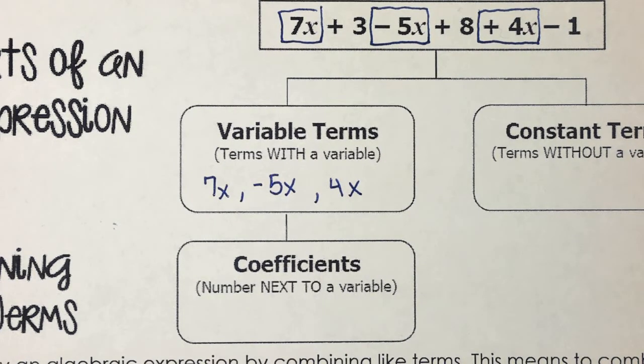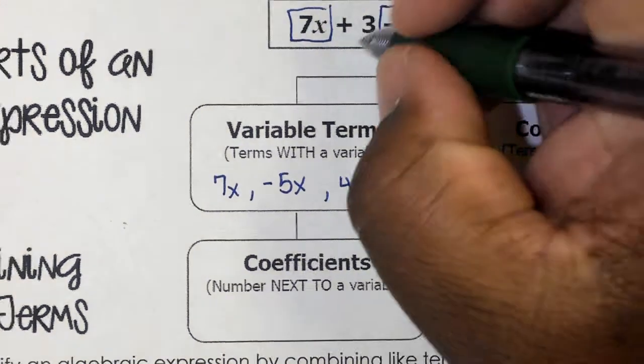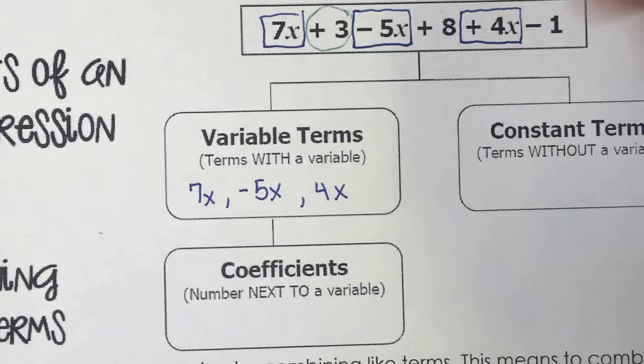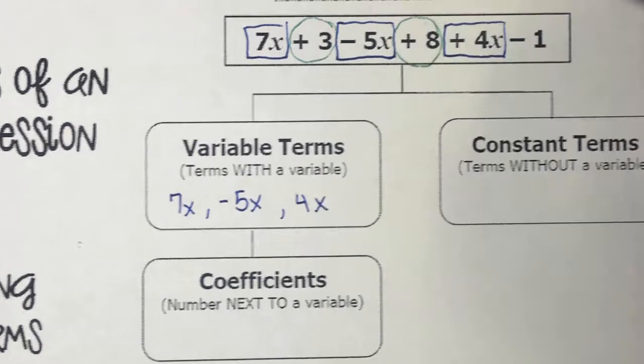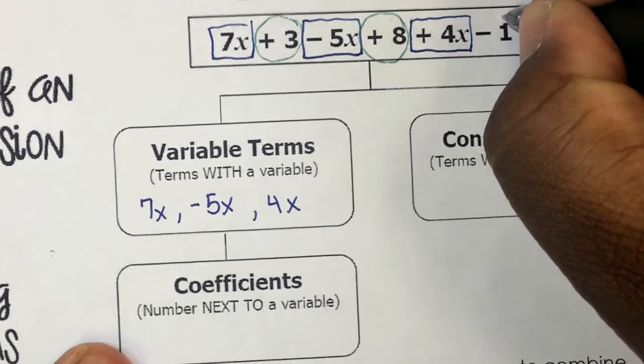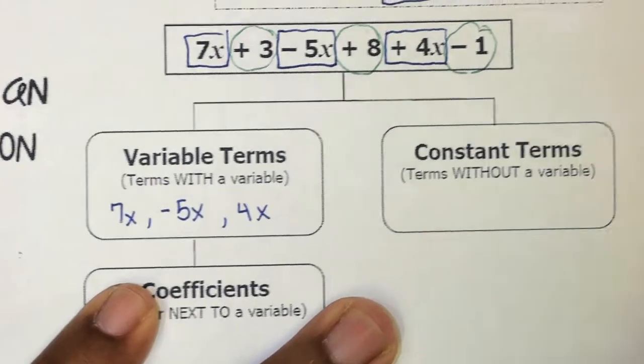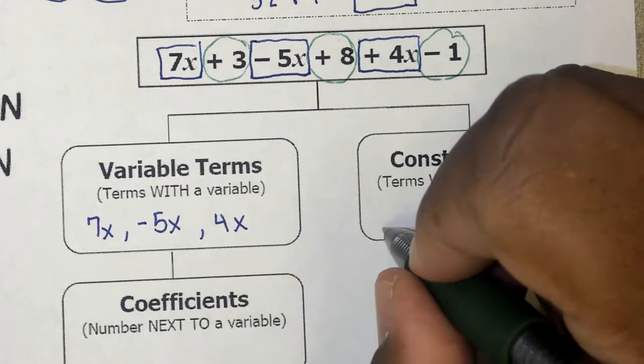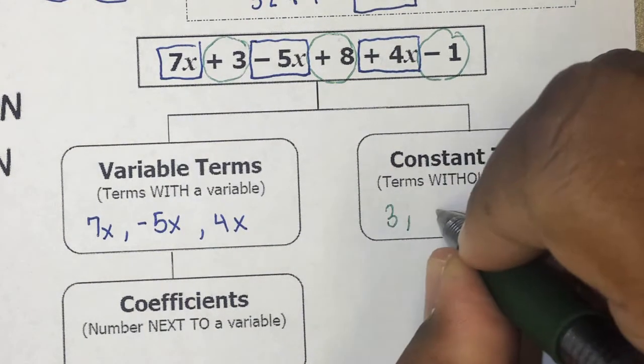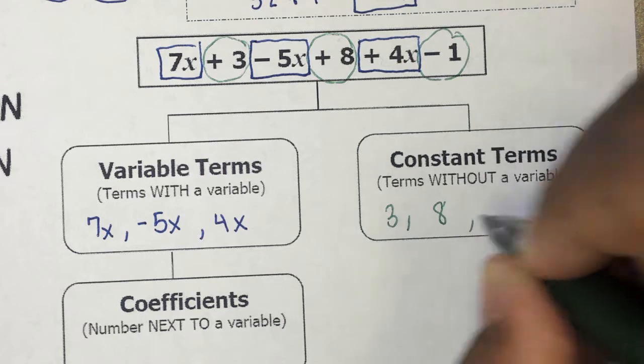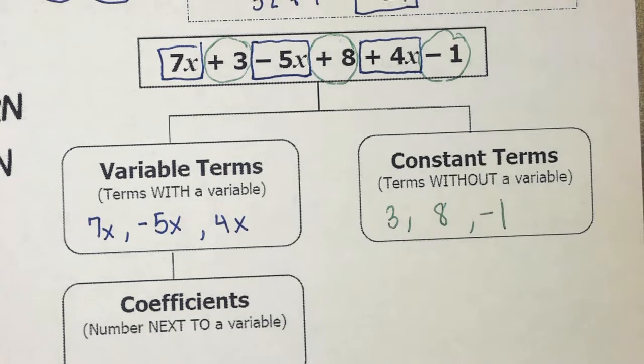Constant terms are the other terms, the ones without variables. My constant terms in here would be 3, 8, and negative 1.